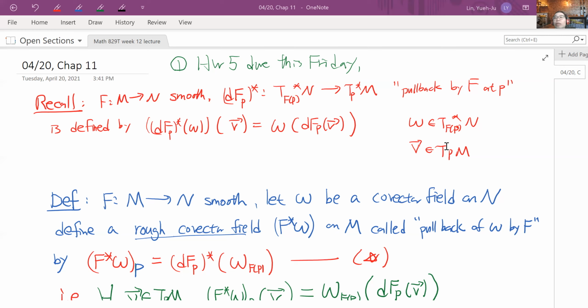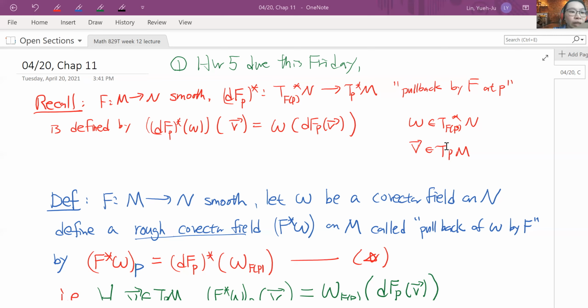Once we see how to do the integral of a covector field, or in other words, a one form on the manifold, then we can generalize this idea to do the general integration, right? Hopefully, we can reach that far, so that we can eventually integrate an n form on the manifold. That's the very final goal.